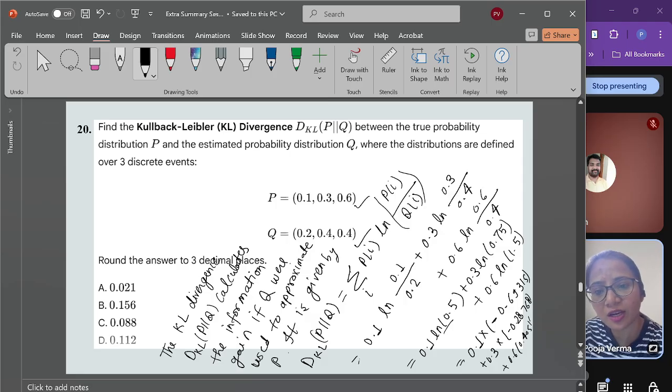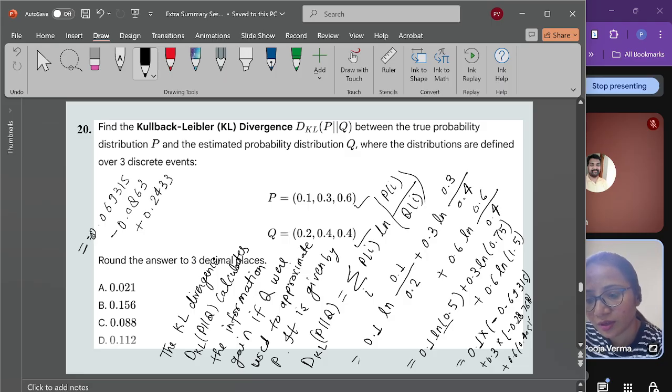So after that I'm just writing it here. Just multiply all these values, so you will get minus 0.069315 minus 0.0863 plus 0.2433. If you add all these values, you will get 0.0876, that is equal to 0.088. You can approximate it.